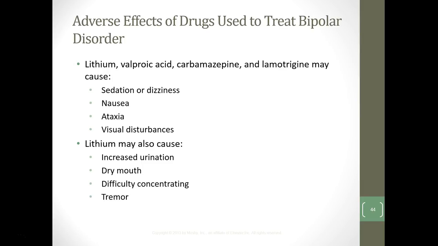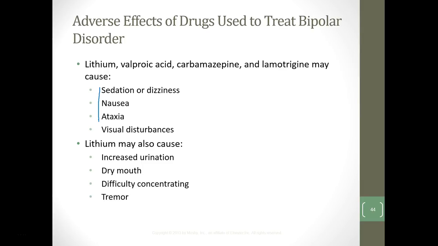For the adverse effects or side effects, most of these drugs can produce sedation, nausea, and lack of coordination. So they all produce sedation, nausea, and ataxia. Lithium can cause increased urination, dry mouth, difficulty concentrating, as well as tremors. And long-term use can result in kidney toxicity, as well as elevated white blood cell count, a goiter, hypothyroidism, weakness, and drowsiness.